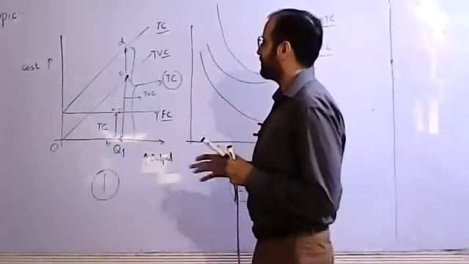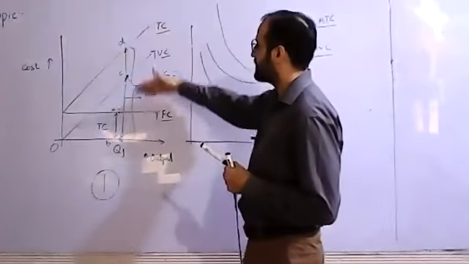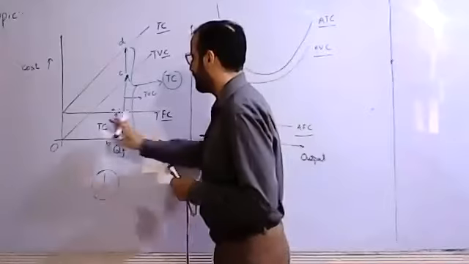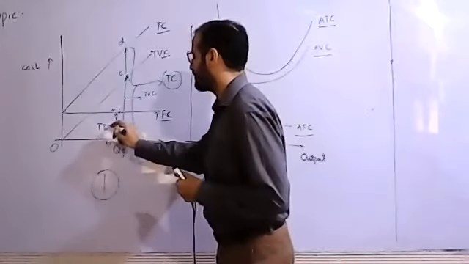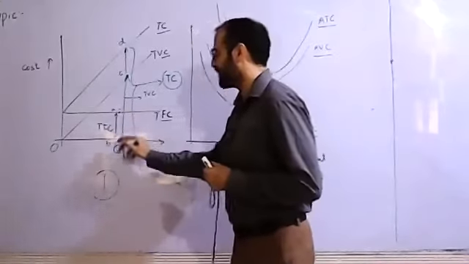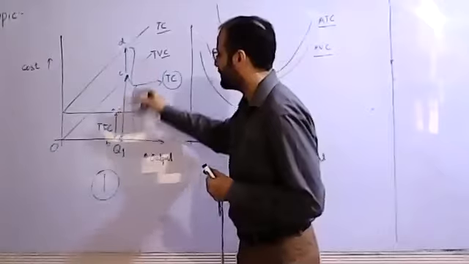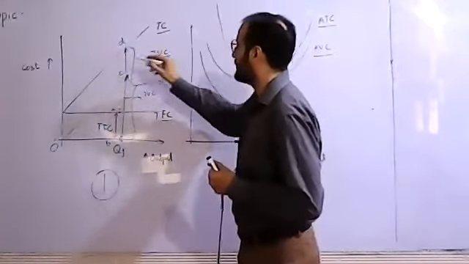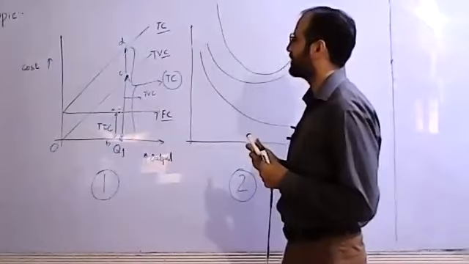Sometimes we see this whole represent the total cost, total variable cost, and total fixed cost area. Total fixed cost is from A to B, from point B to C it is total variable, and from point B to D is your total cost area.